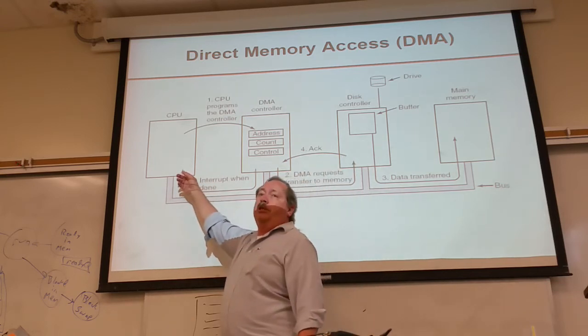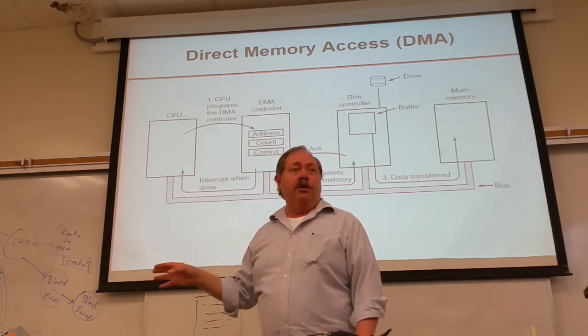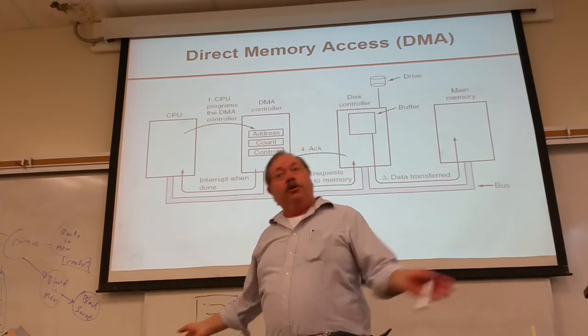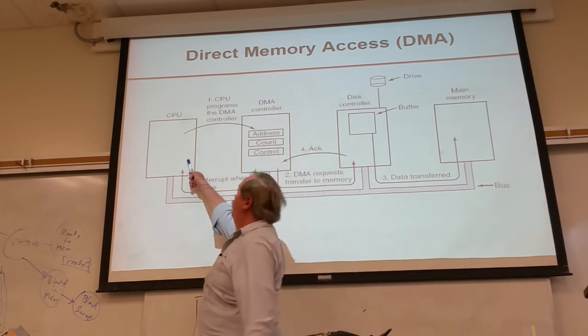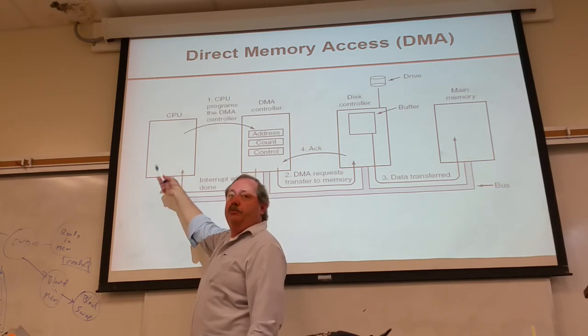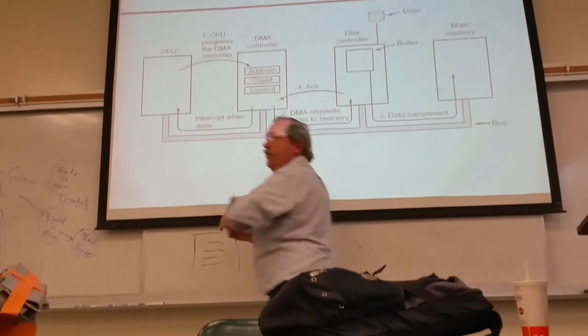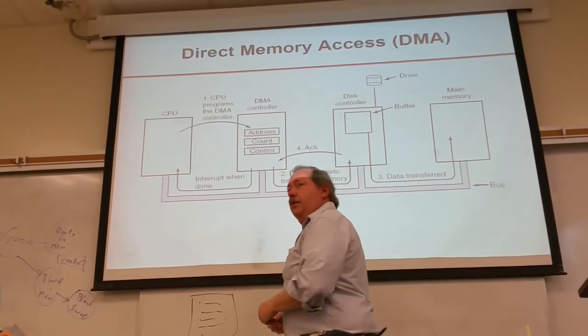The CPU, in the meantime, if your code is not written such that it's blocked waiting for that transfer, if you write your code so that you have other things you can go off and do after you initiate the transfer, then your code will continue to work and do other stuff. So you could tell the DMA controller, go get this stuff, and I'm going to go do this other work until you tell me this work is done.